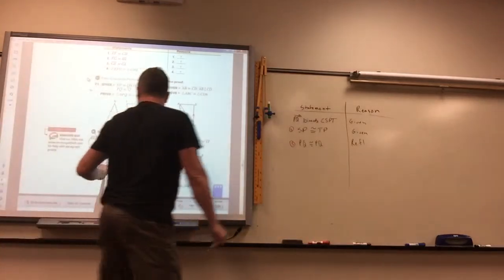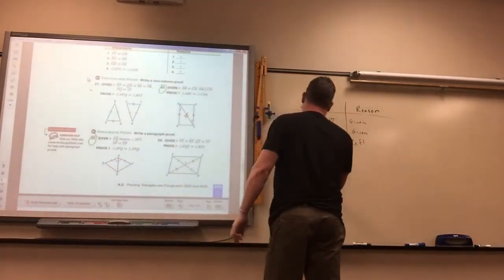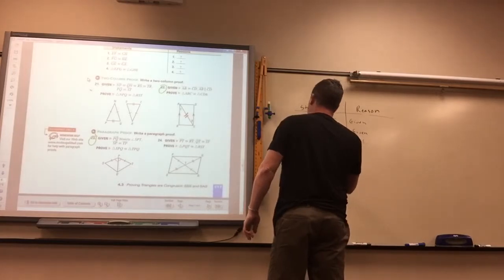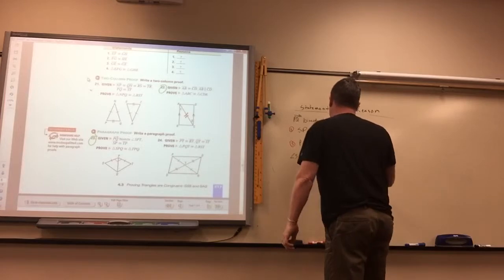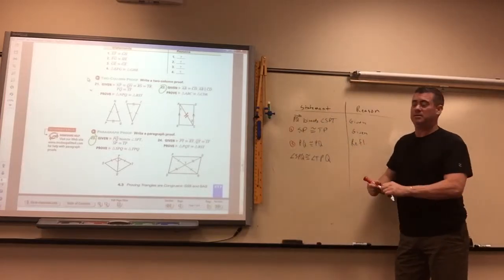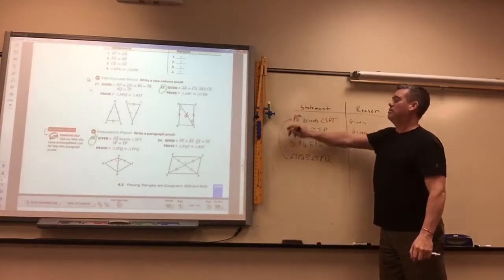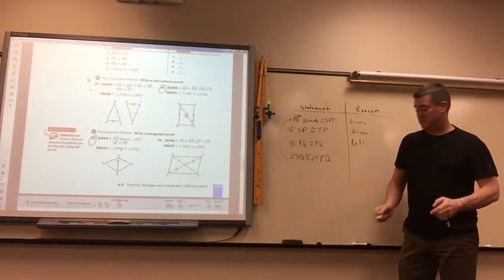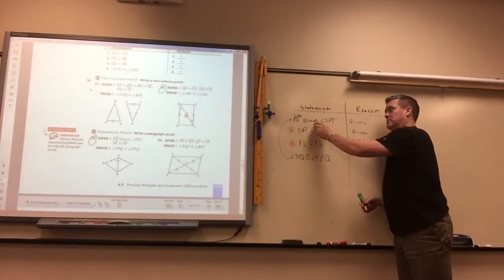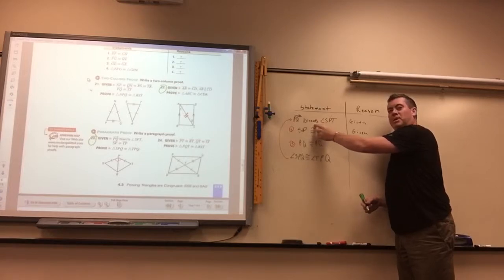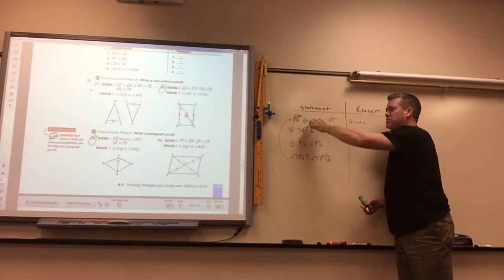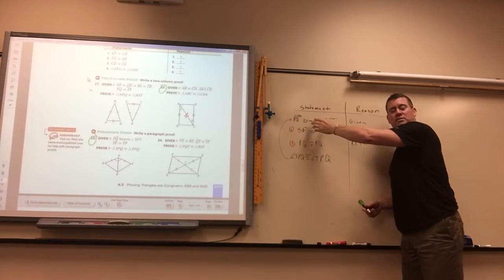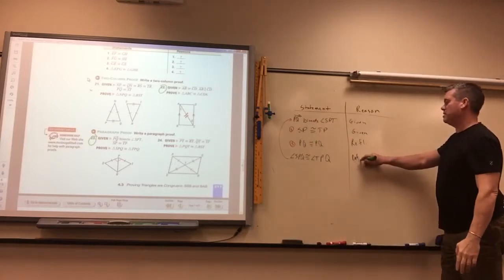So we've got to put in there that angle SPQ is congruent to angle TPQ. But we got to put a reason why. Why do you know that they're equal to each other? What does it mean when it's bisected? Split in half. Cut in half, right? Two equal pieces. So all you got to do is, since they told us it was bisected, that's just the definition of a bisector.